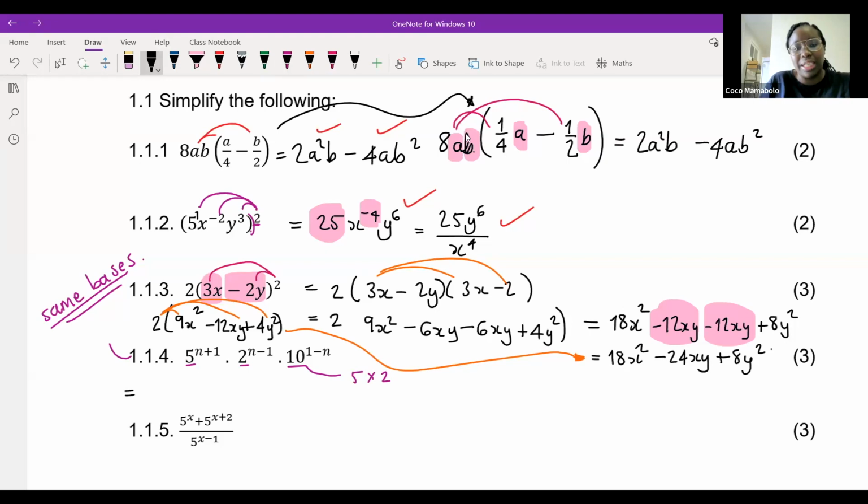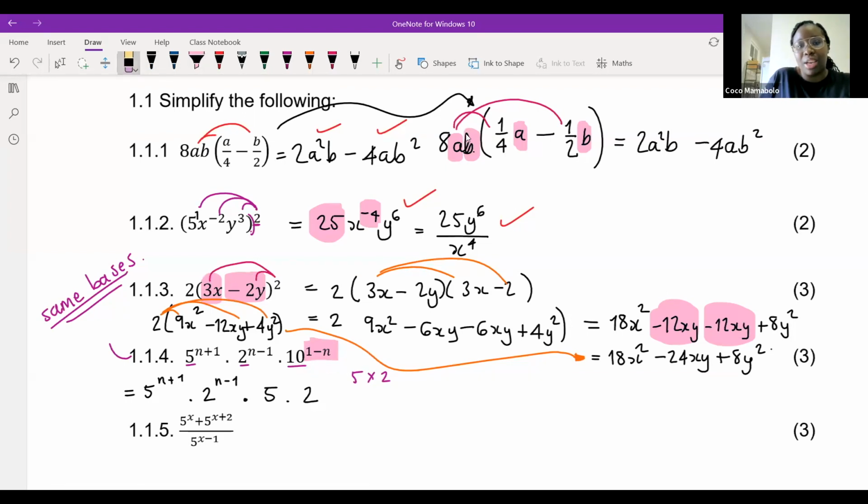I can rewrite 10 as 5 times 2. So I'm going to leave this first one alone, 5 to the power of n plus 1, multiplied by this one as well, 2 to the power of n minus 1. And then I'm going to take 10 and I'm going to rewrite it as 5 times 2. Now, this 1 minus n, I must now distribute to the 5 and to the 2.